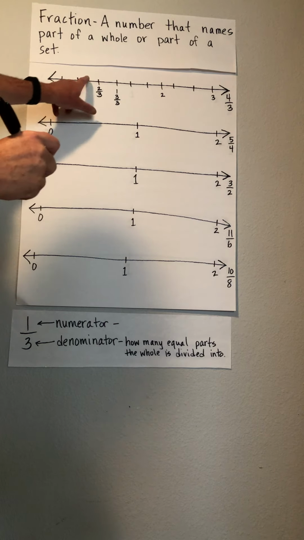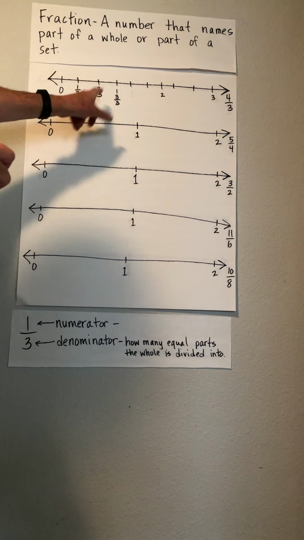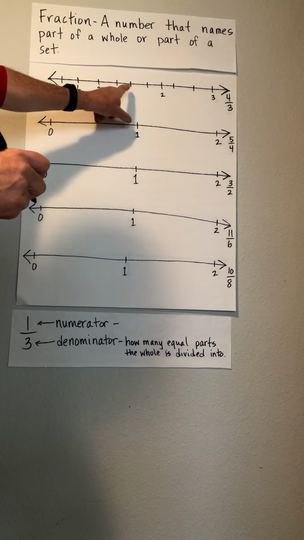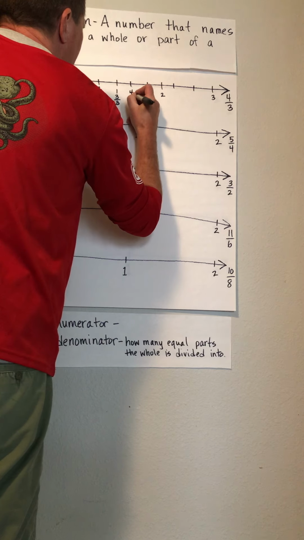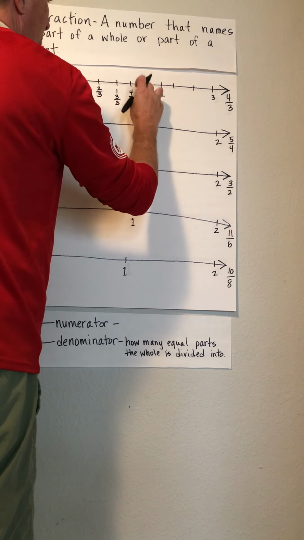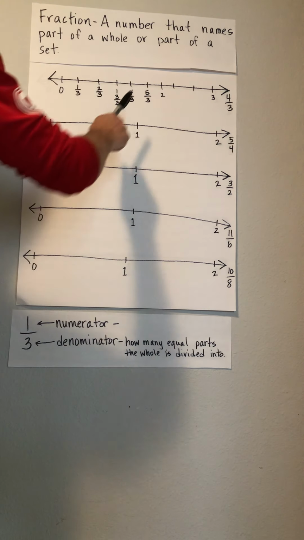Because now we have 1, 2, 3, 3/3. Now we're going to keep going. So now we're going to add another third to 3/3, and that is 4/3. One more third, 5/3. We're going to keep going.